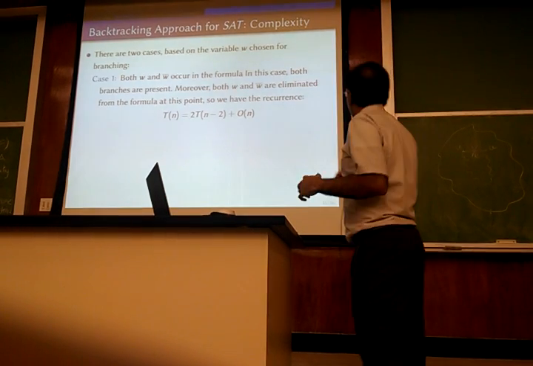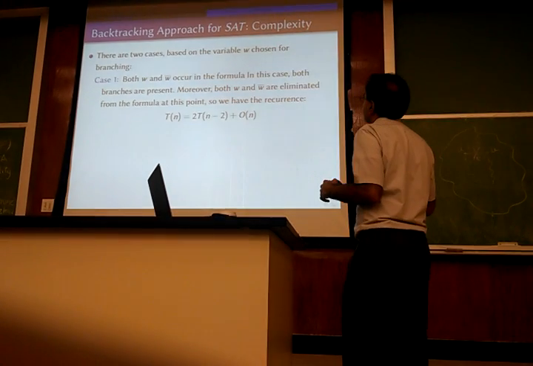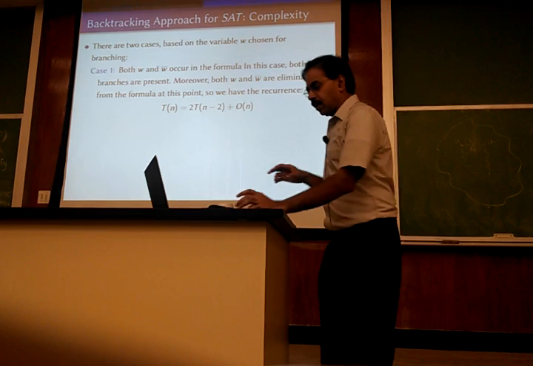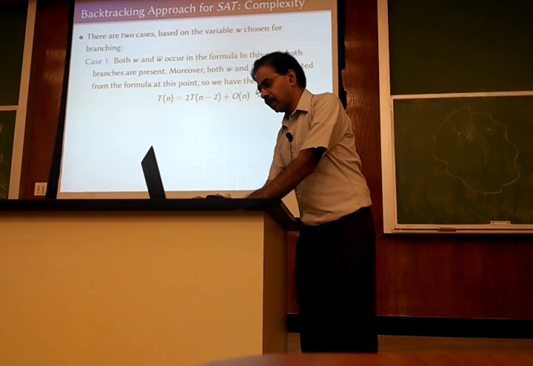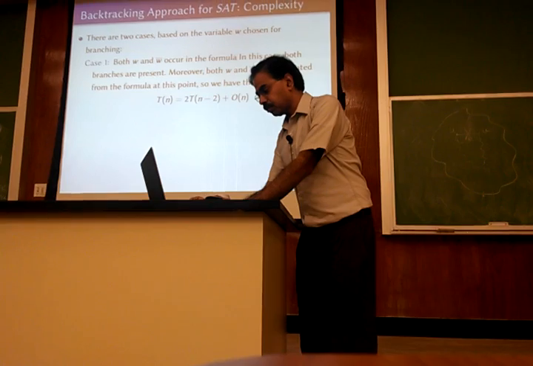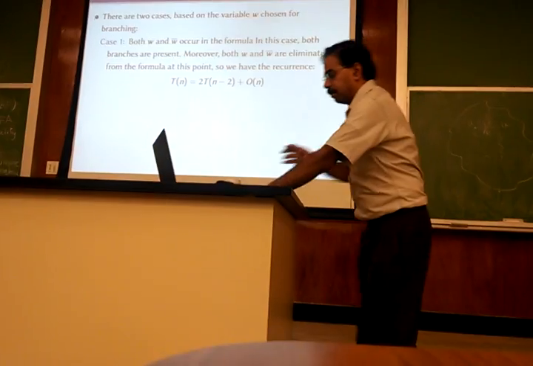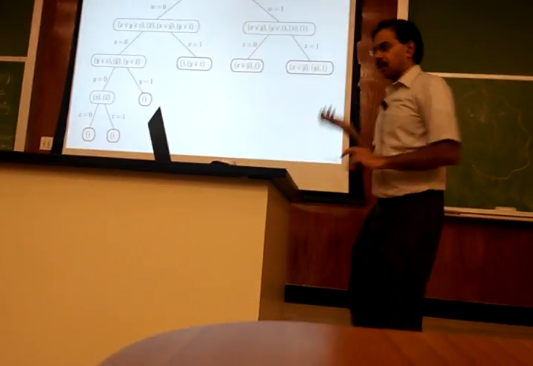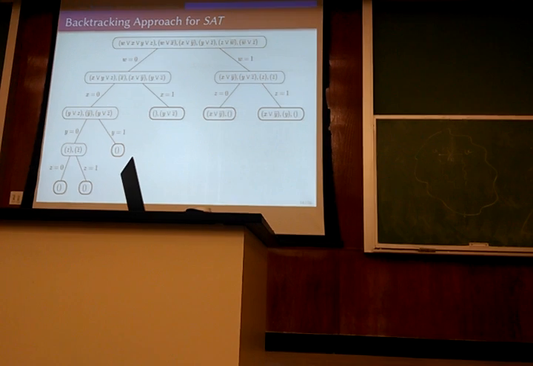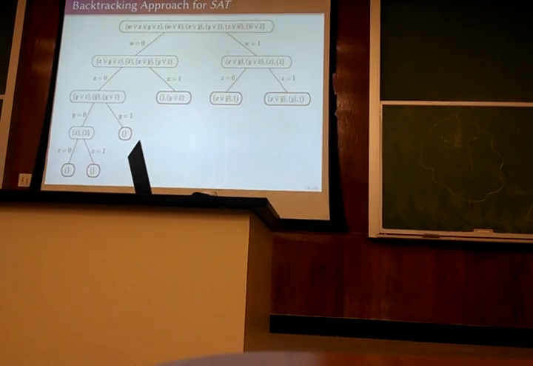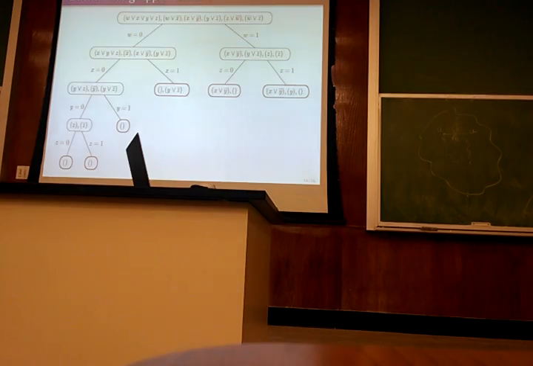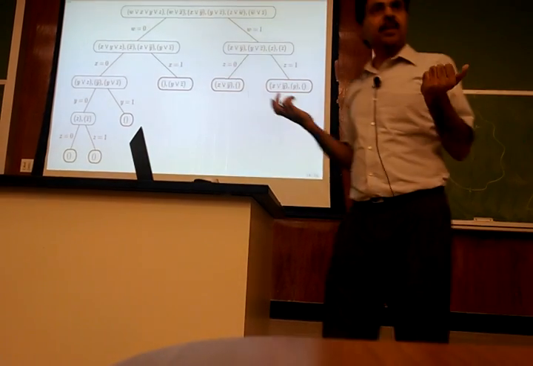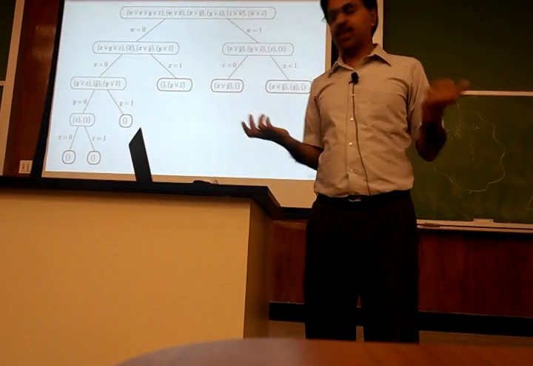Let's talk in terms of literals. Both W and W bar are there originally, so there were n literals. Now in both subproblems, W as well as W bar have been eliminated, so you have n minus 2 literals.